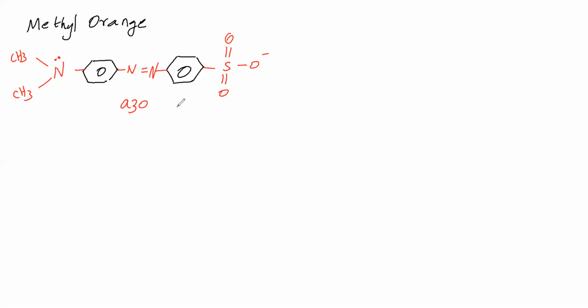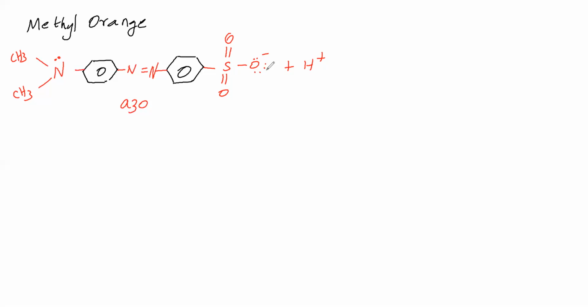Now what does this methyl orange do? It takes H plus. Which part is taking H plus? That you will see. Which all can take H plus? One possibility is this O minus can take H plus.